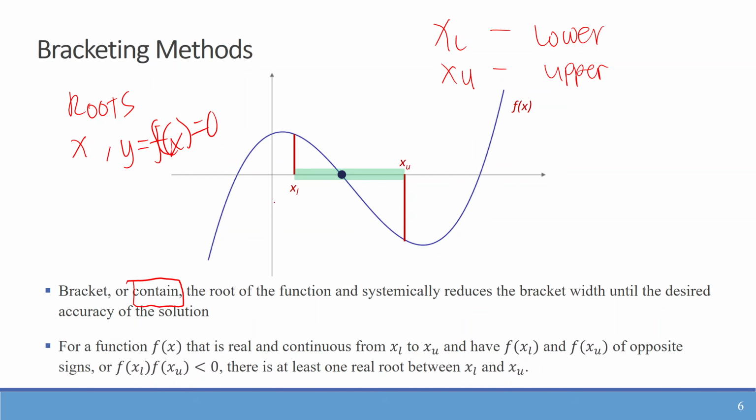Actually, there's an initial check if the functions of these initial guesses are of opposing sign, which means that one is negative. So if the product of the functions of these initial guesses is negative, that means that there is a root in between our upper and our lower guess. There is a root because there is a change of sign.